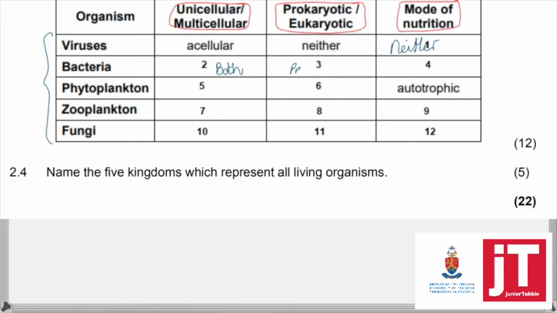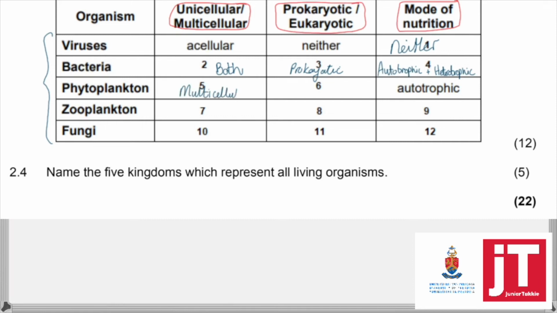Therefore, this organism we classify as a prokaryotic organism. Further organisms in the kingdoms of classification are all eukaryotic. So in other words, their nucleus does have a nuclear membrane. Mode of nutrition for bacteria, we can have an autotrophic bacteria as well as heterotrophic bacteria. So there they tick both those boxes. They can be both autotrophic and heterotrophic as an organism.